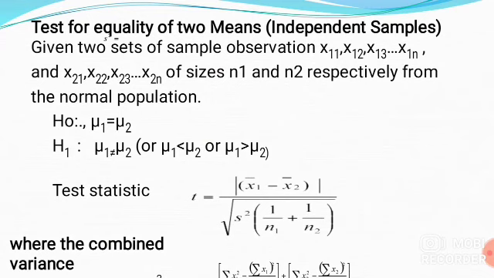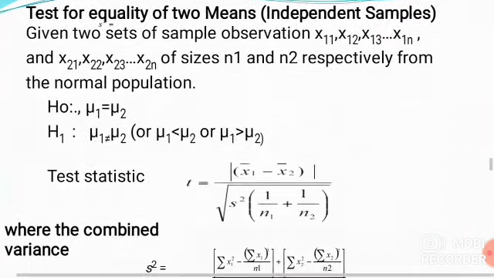Given two sets of sample observations x11, x12, x13 ... x1n and x21, x22, x23 ... x2n of size n1 and n2 respectively from the normal population.